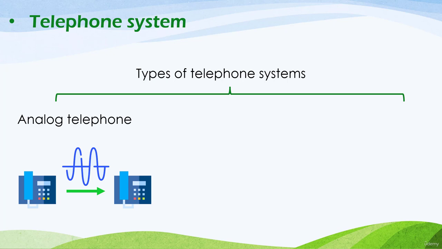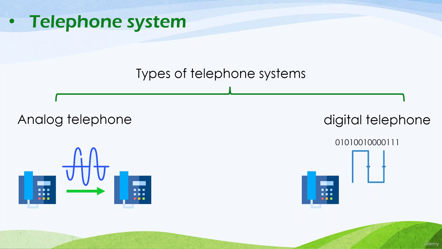On the other hand, the second type of telephone systems is the digital telephone system, and this type of system simply converts the analog telephone signal from one device to a digital signal of zeros and ones. Then it transmits this signal of zeros and ones from one telephone to another telephone.